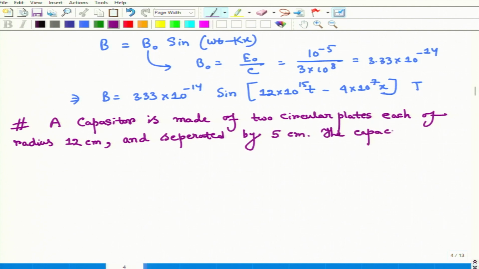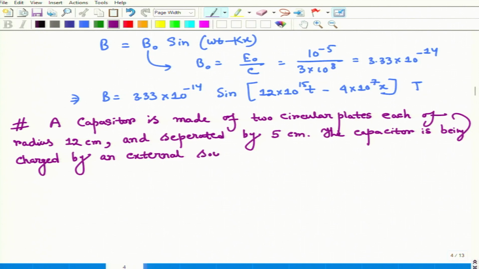The capacitor is being charged by an external source.